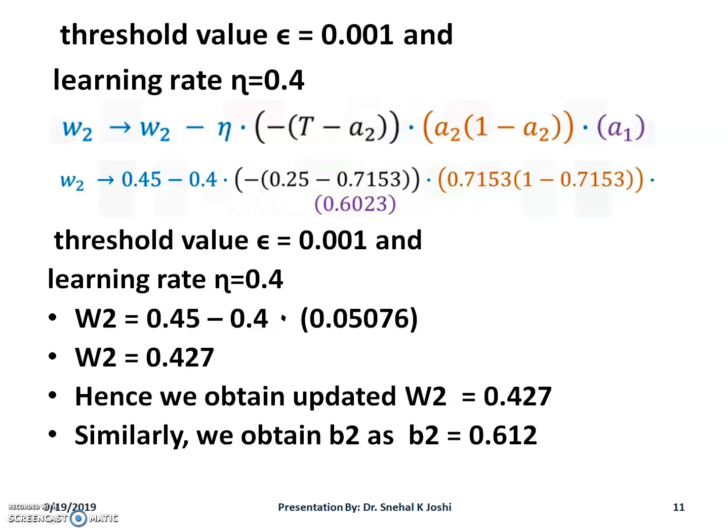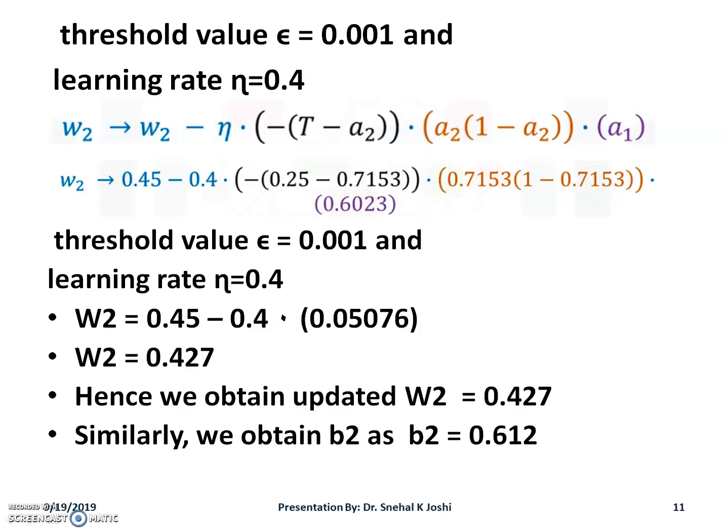First we update W2, and for that we find the gradient and multiply it with the learning rate eta equal to 0.4 and then deduct it from W2. This is how we obtain the updated W2. As you see, W2 is obtained as 0.427 and similarly we obtain B2 as 0.612.